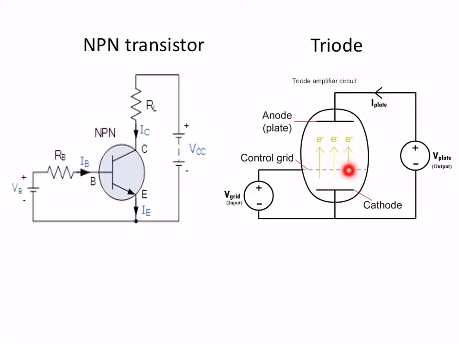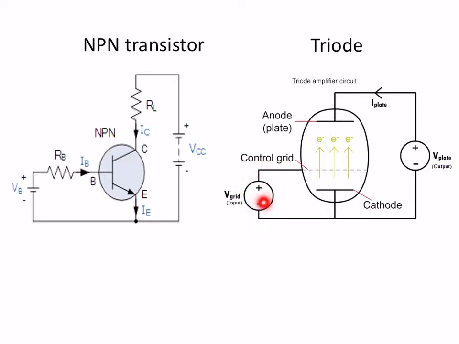This is controlled by the control grid. Basically the control grid is attenuating the current: if many electrons are emitted from the cathode, they tend to go to the anode, but the control grid controls it through a small input signal given to it.